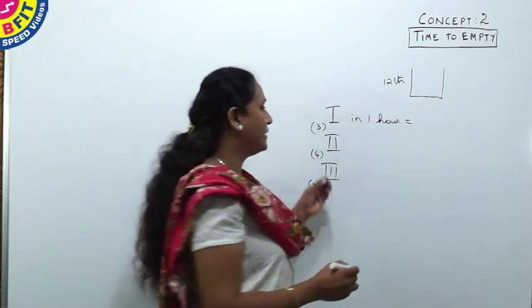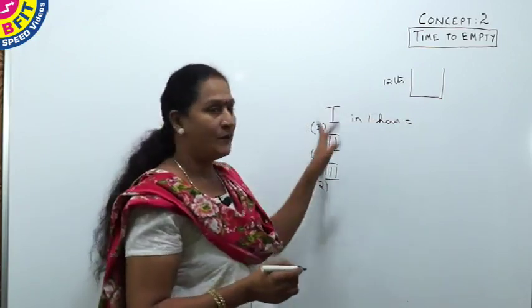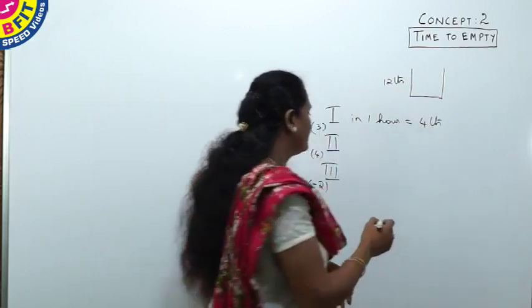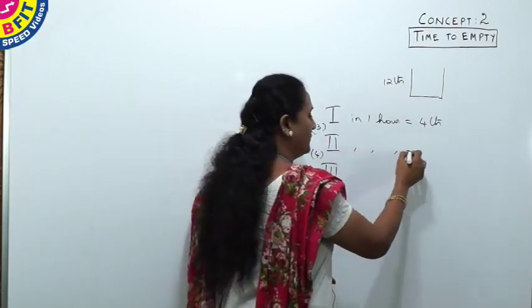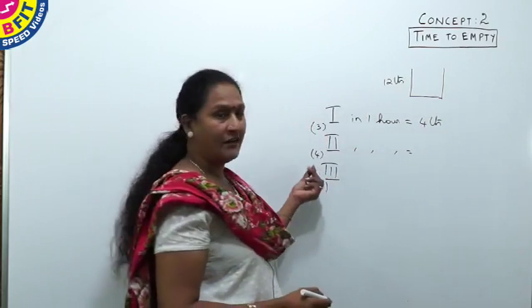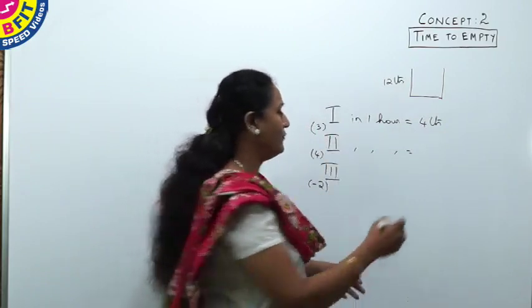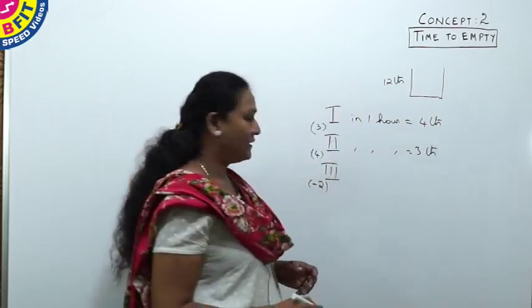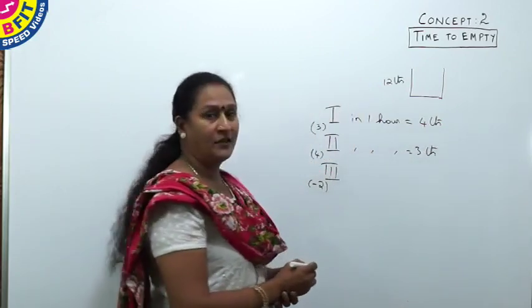Divide 12 by 3, it is 4 liters. And the second pipe fills it in 4 hours, so dividing 12 by 4, it pours 3 liters in 1 hour.